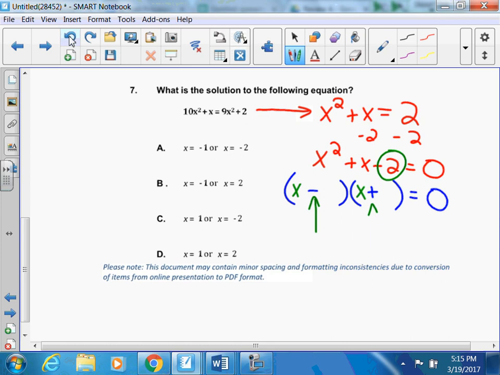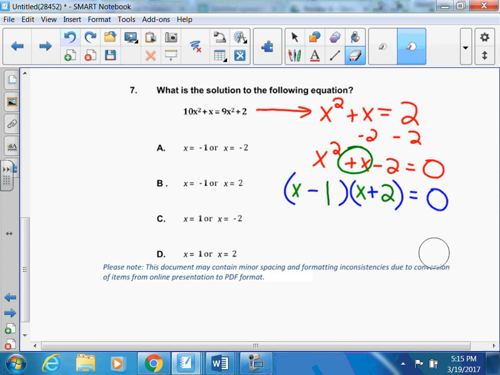So what 2 numbers multiply to give you 2 and have a difference of 1? Well, that's 1 and 2. And if I want positive 1x, I want a negative 1 and a positive 2. So 2 is going to go in the positive, 1 is going to go in the negative. And that's what this is factored.